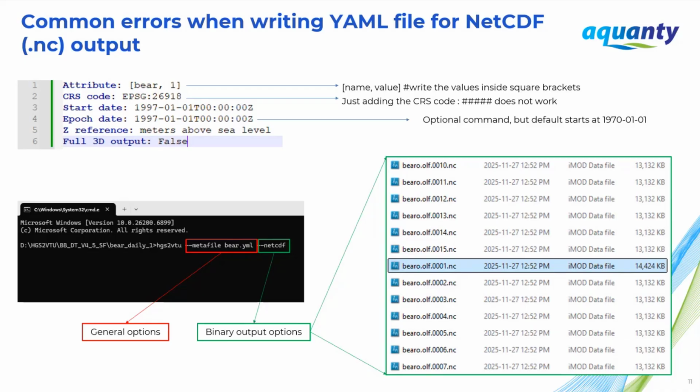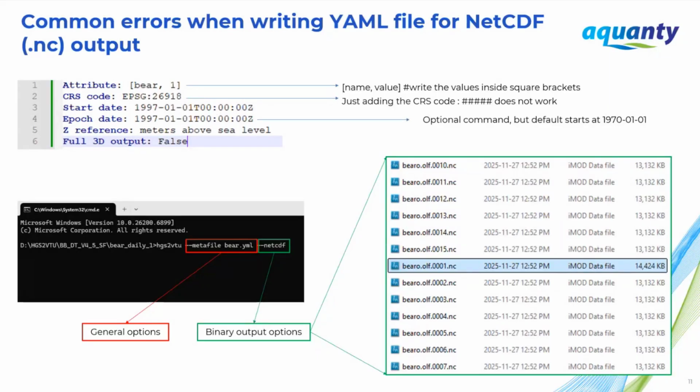Generating netcdf files is pretty easy, just like I was showing in the previous slide how you create a CSV file. The command would again be HGS2VTU --netcdf, but here we just add the general option of calling in that YAML file, which is --meta file and beer.yaml. Beer is nothing but the prefix of your model.